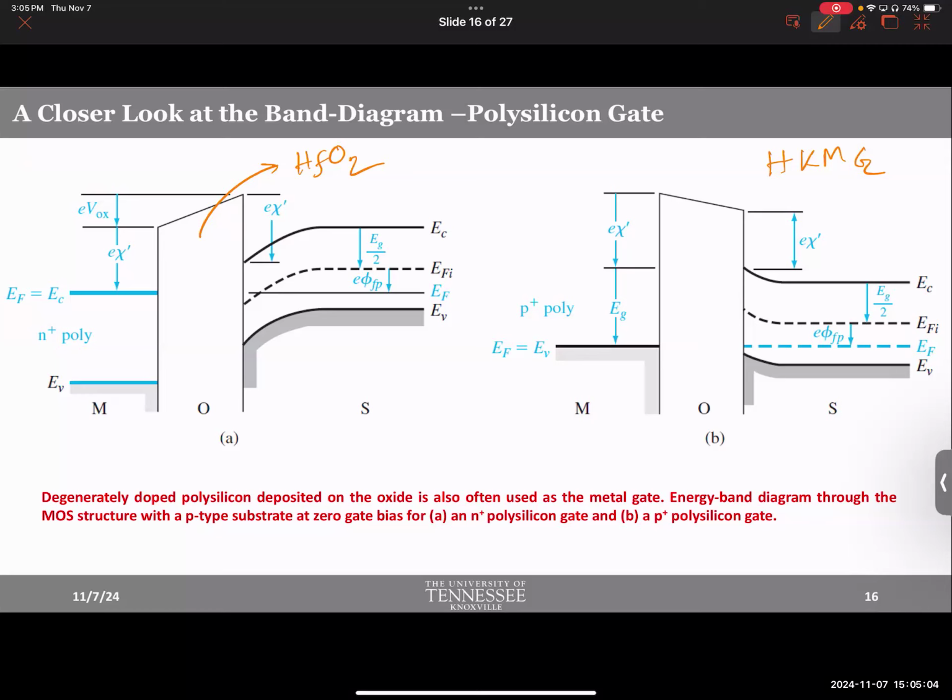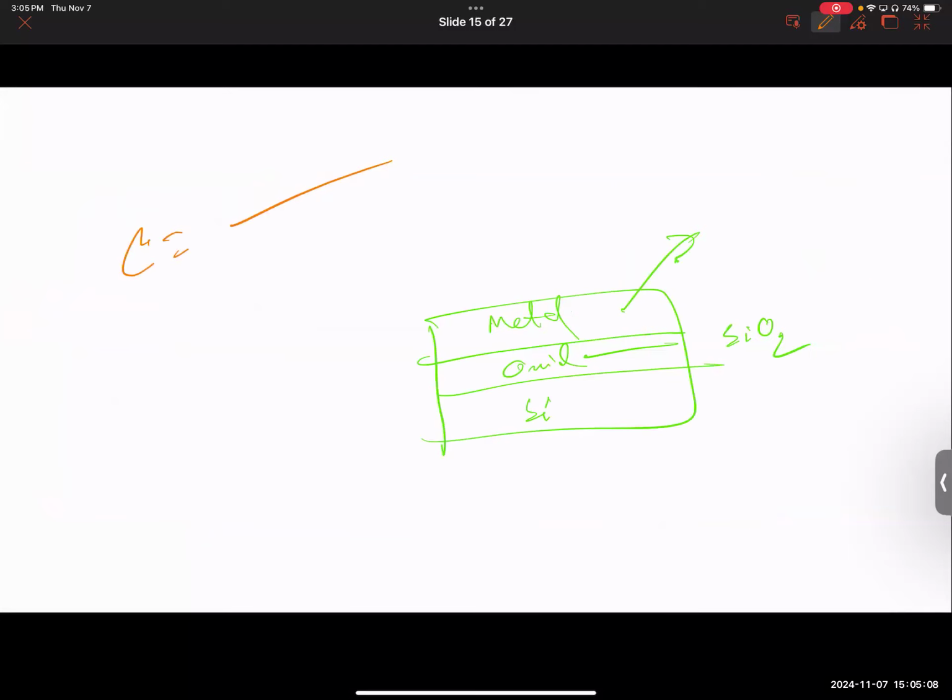And high K, what does K mean? In a capacitor, if I write the equation for parallel plate capacitance, you have epsilon naught A over D, and there is a K. K represents the dielectric constant for a material. For silicon oxide, K was around 3.9. For some other material, it is something else.